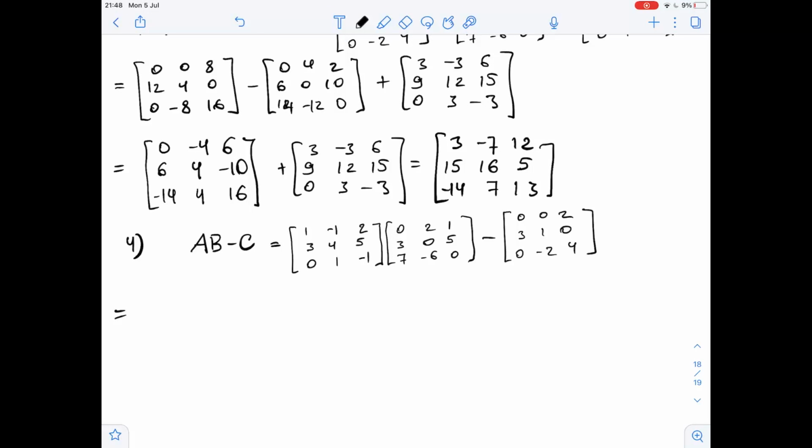In order to multiply two matrices, we need to find the dot product of the rows of the first matrix and columns of the second matrix.